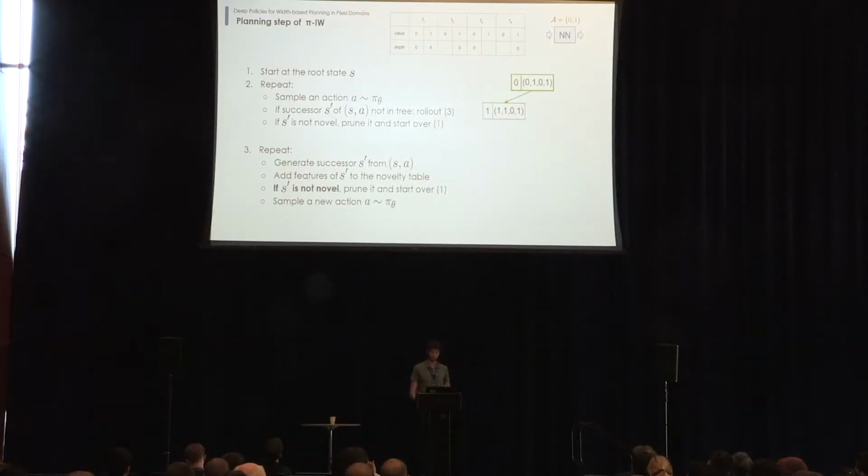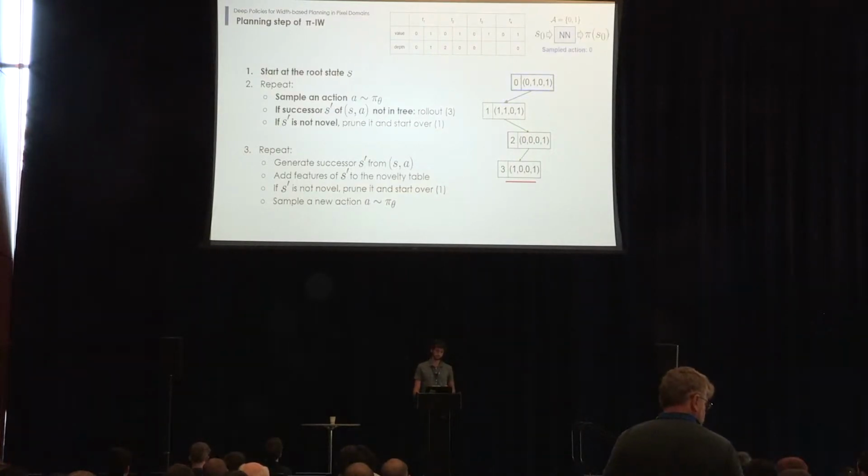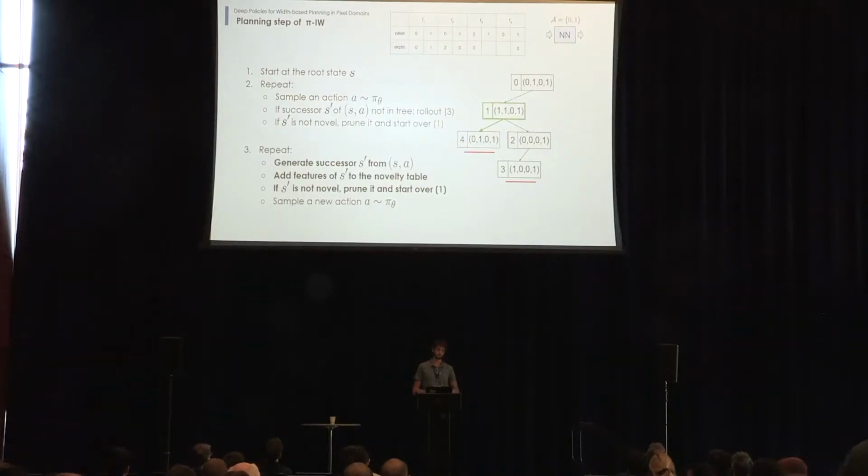Since this is novel, we keep sampling actions. And we do that until we find a node that we have to prune because it's not novel. Then we start all over again, sample an action, and see if it's in the tree. Since it is, and it's still novel, we keep sampling actions, rolling out until we have to prune. We do it again: sample action, roll out, etc.